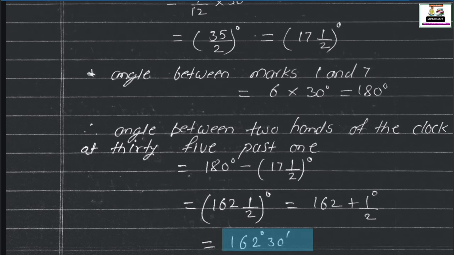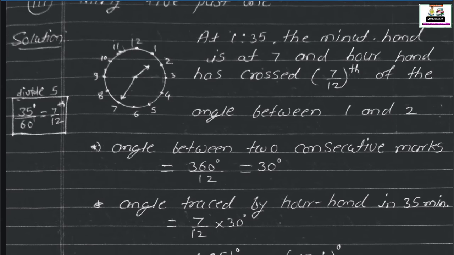That means 162 degrees and 1/2 degree, which is 30 minutes. Here we first find the angle between 1 and 7, and again the angle the hour hand crossed in 35 minutes, and then subtract to get the 1/2 angle.